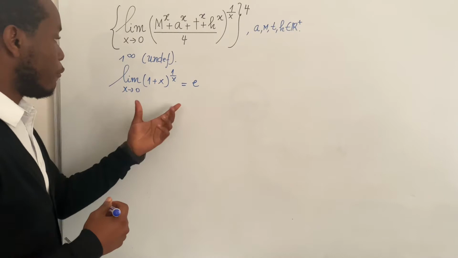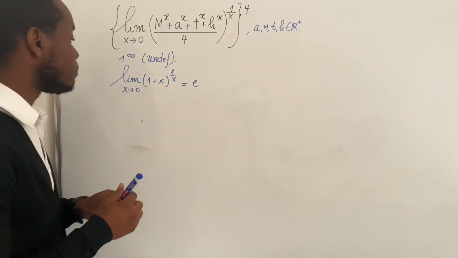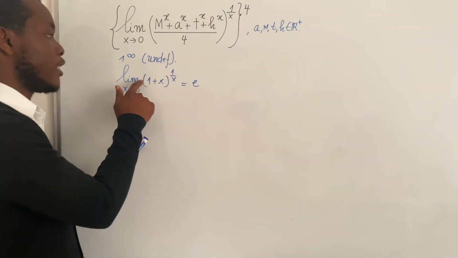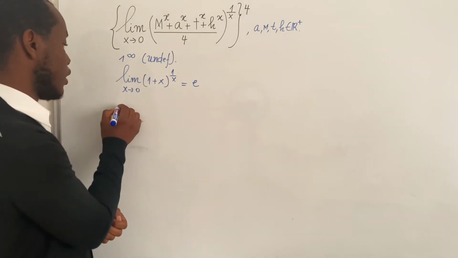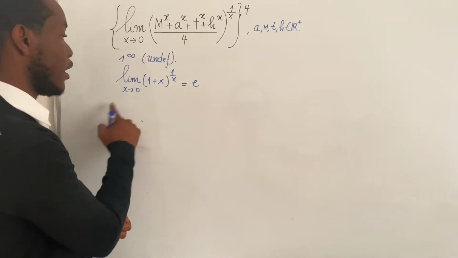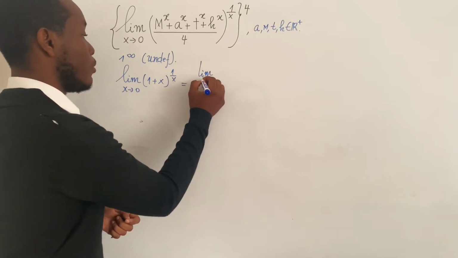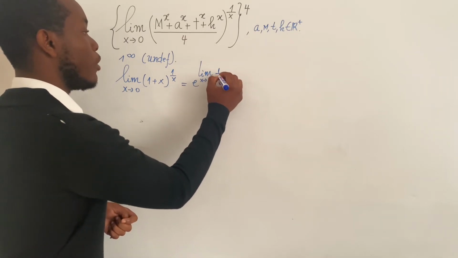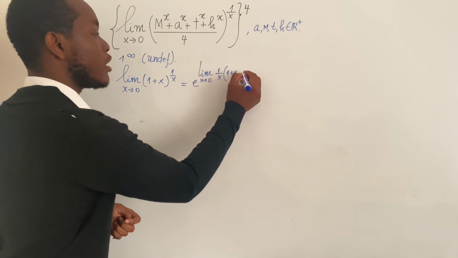Okay, and when we usually solve this kind of limit, we send the exponent to this side, multiplying, and we subtract 1. So this will be equal to Euler to the limit, when x approximates 0, of 1 over x, which is the exponent, coming here multiplying (1 plus x) minus 1.